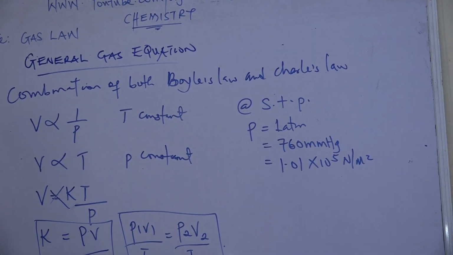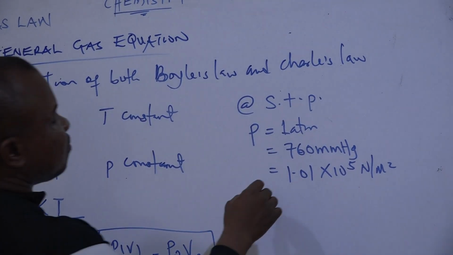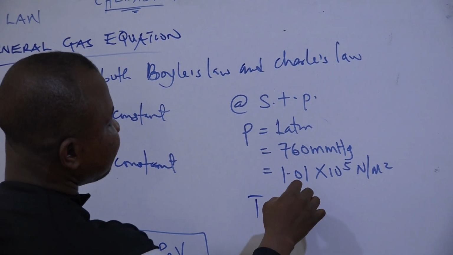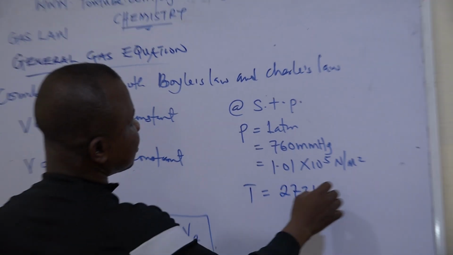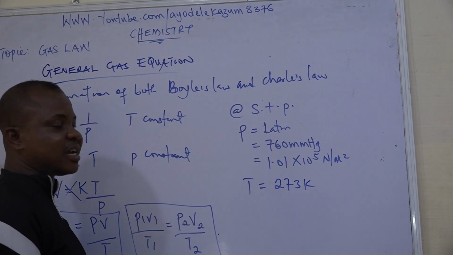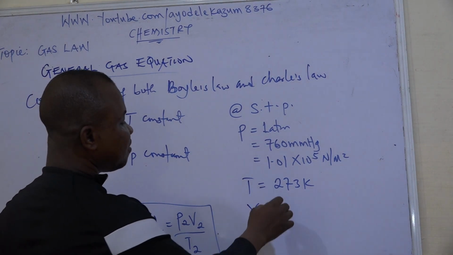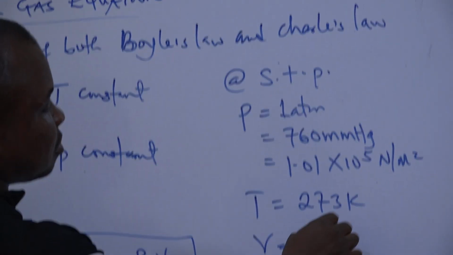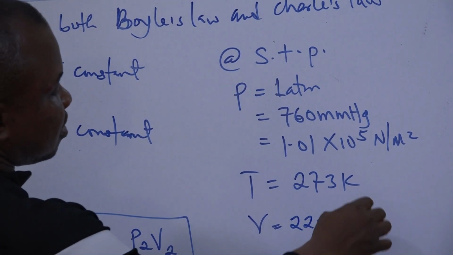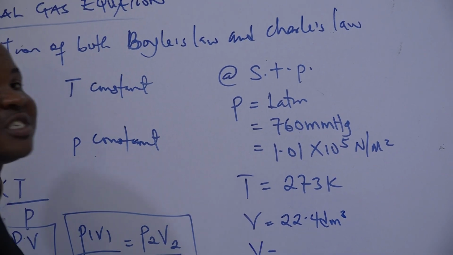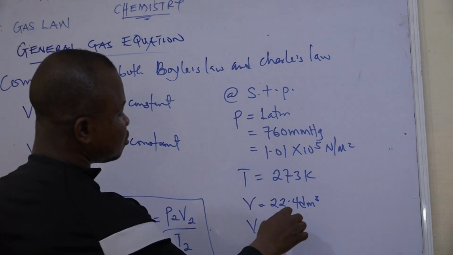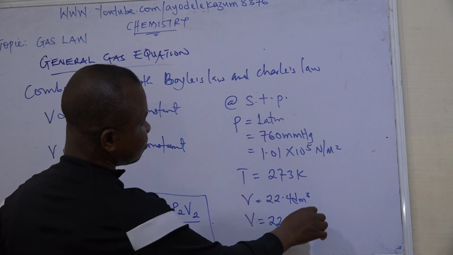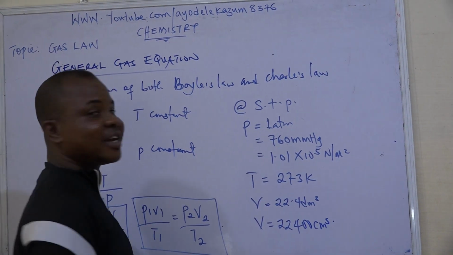These are standards that we must know. Temperature must be in Kelvin, which is 273 Kelvin. And our volume at STP is 22.4 dm cubed, but if it's in cm cubed, it's 22400 cm cubed. Did you get that?